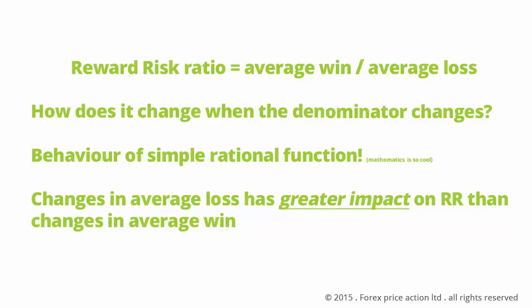The mathematics, however, shows that it is more beneficial to reduce the size of losses than to increase the size of winners. This comes down to the fact that reward-risk ratio is effectively just a fraction, with the average win size as the numerator, the number on the top, and the average loss size as the denominator, the number on the bottom. The impact of changing the denominator carries more weight since it is essentially a simple rational function.